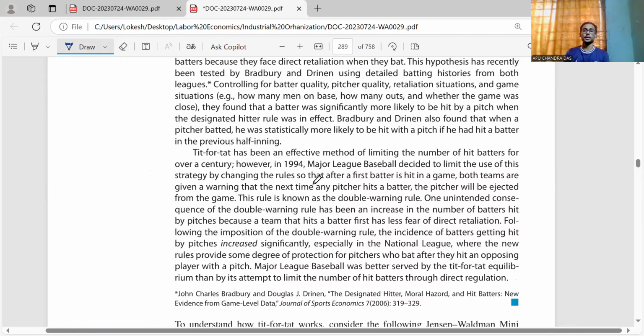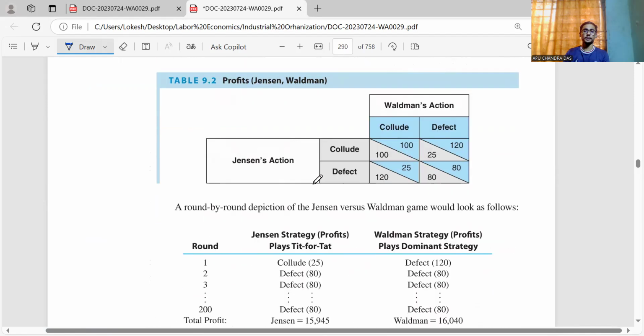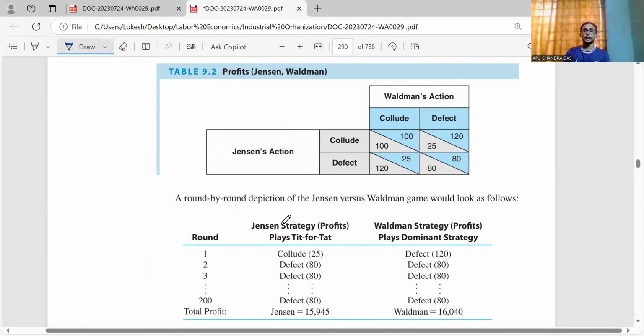If we look at the payoff matrix, we will assume that Janson is the tit for tat player, and Waldman will always play the dominant strategy.